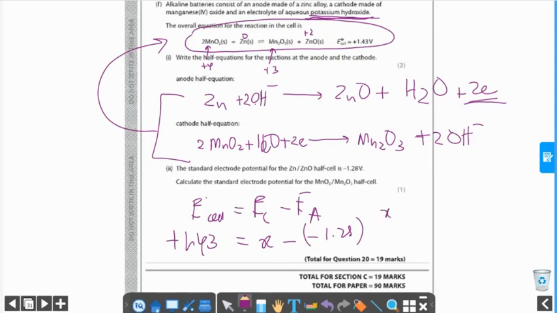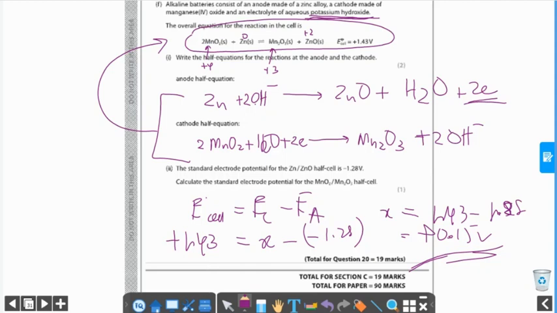So X is 1.43 minus 1.28, sorry, so you get plus 0.15, plus 1.15. That's a good question, the very last one.